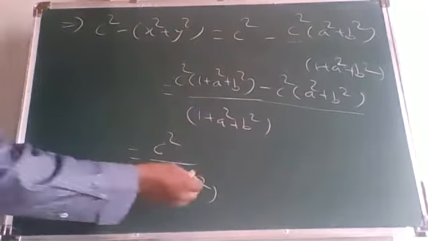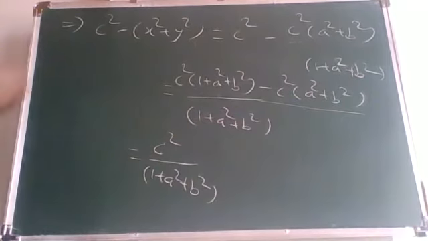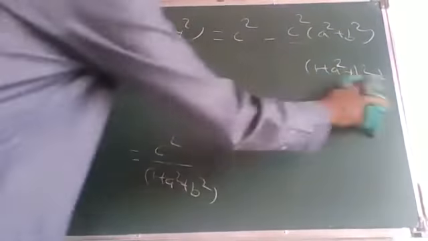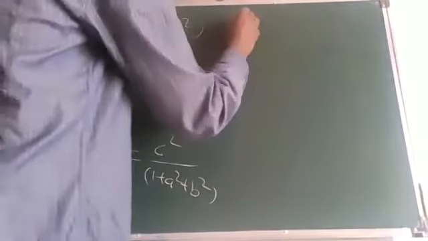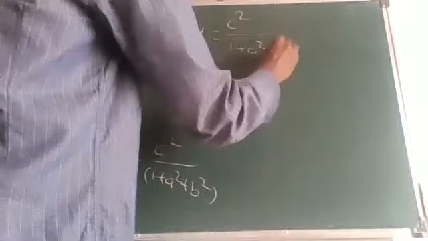I want to find the value of 1 upon square root of this 1 plus a square plus b square in terms of x, y. So for that purpose, here at the last we get this 1 plus a square plus b square.